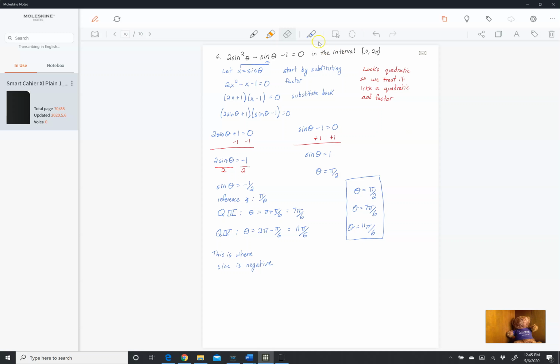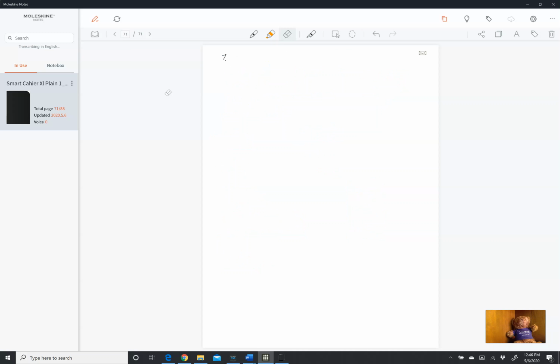And we'll do this without an interval. So 2 cosine 3 theta minus 1 is equal to 0. Notice the difference here. It's not cosine theta. It's cosine 3 theta. Now everything is the same until the very end. So the very end is what changes.